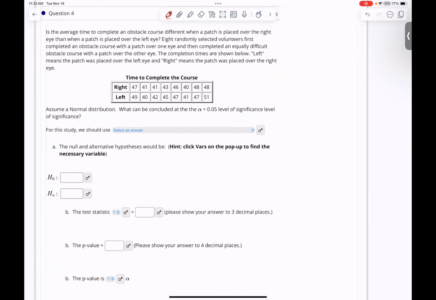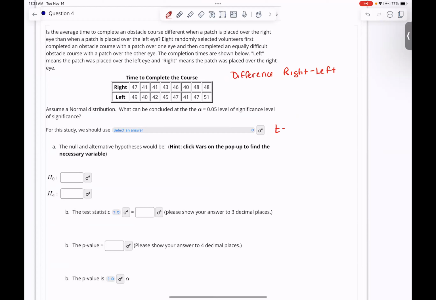So that's what we need to calculate. We need to calculate the difference, and we're going to run a t-test on the differences. I'm going to calculate right minus left and put that in a list, and then run a t-test on that set of differences.